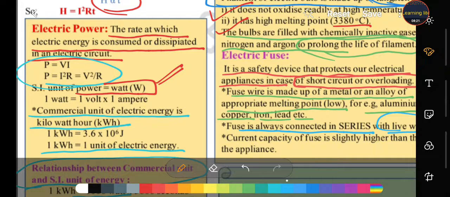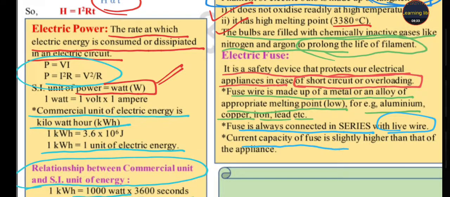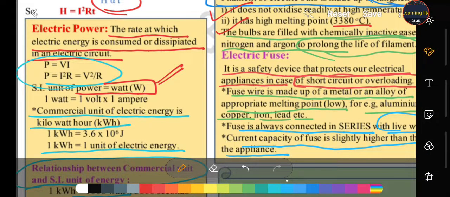But if we connect it in series, all the current passes through the fuse, the fuse wire melts, the circuit gets broken and our appliances remain safe. Students, the current capacity of the fuse is lower than that of the appliance, so it saves our electrical appliances. I think the function of the fuse and the heating effect is clear to you.